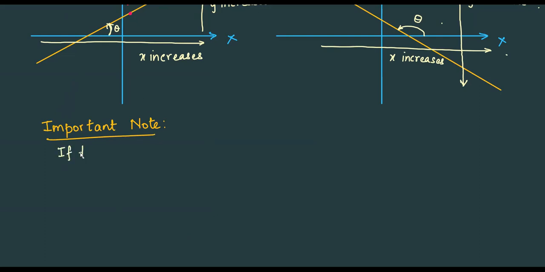If two lines are perpendicular, that means the angle between the two lines is 90 degrees.